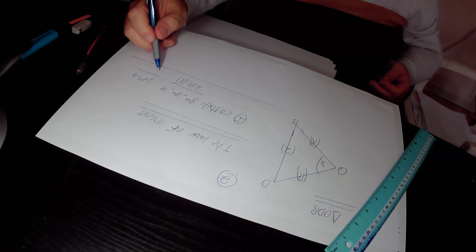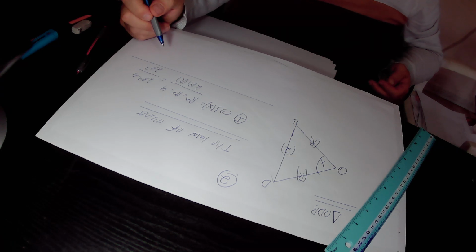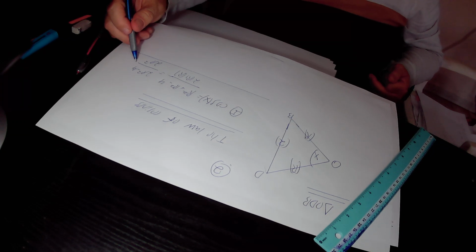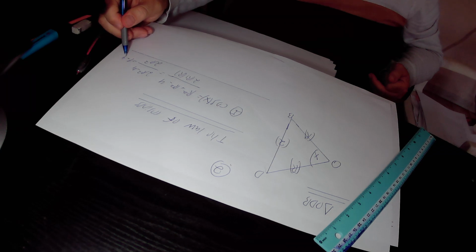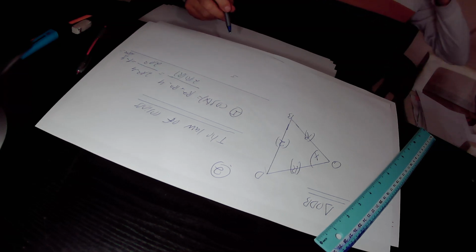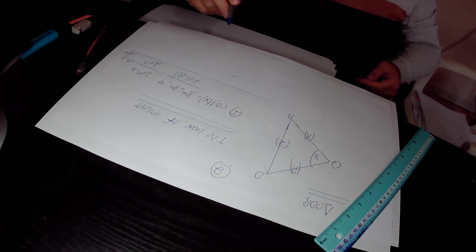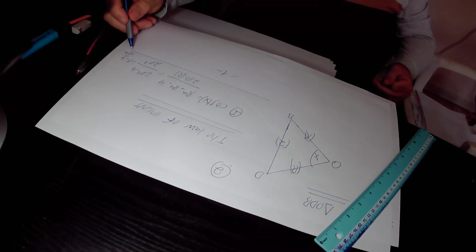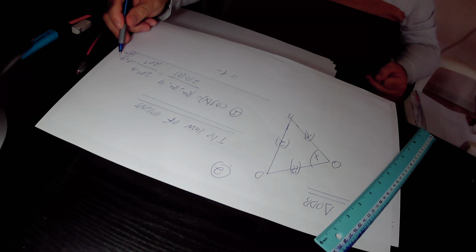2 times R times R is 2R squared. So here 2R squared over 2R squared is 1, and we have also here minus 4 over 2R squared. So cosine x in total equals 1 minus, here we divide both the numerator and the denominator of this expression by 2.